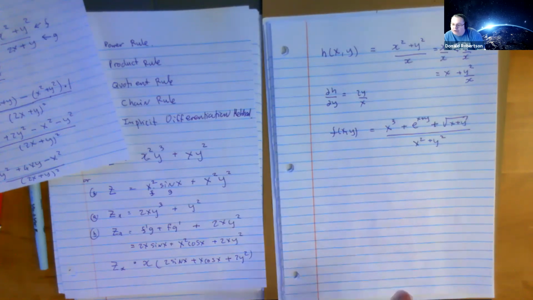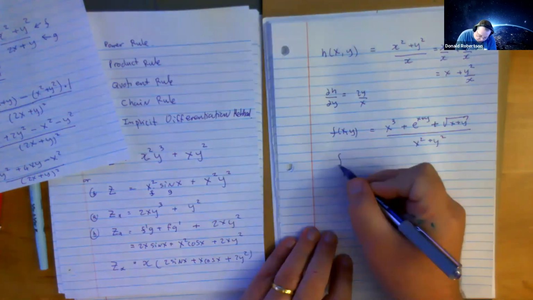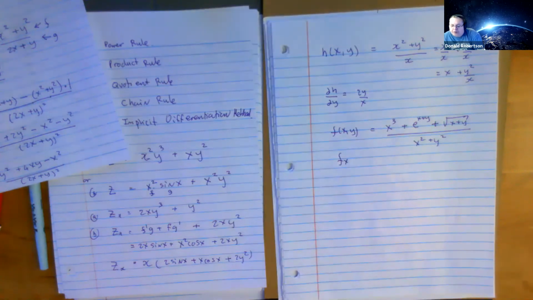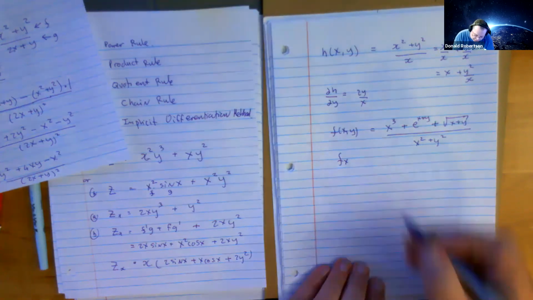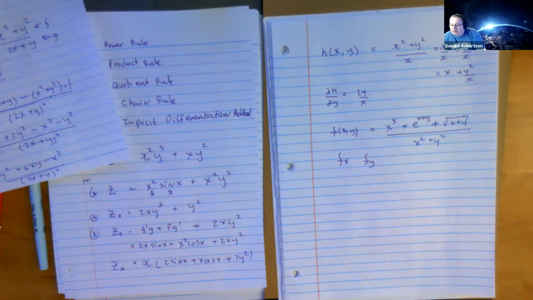We're not even going to do the question. What I'm using it for is, if you were doing this one, and you wanted to find the partial derivative with respect to x, would you agree this is a really ugly quotient rule? But it's a quotient rule. Would you also agree that that guy is an equally ugly quotient rule?